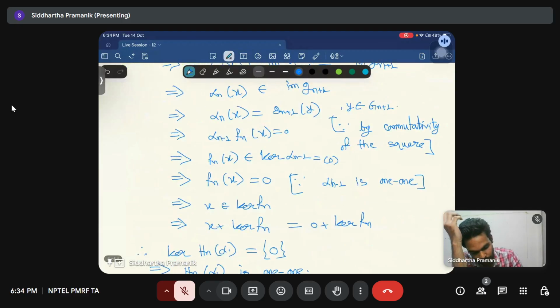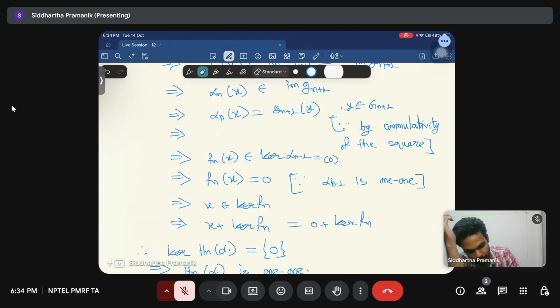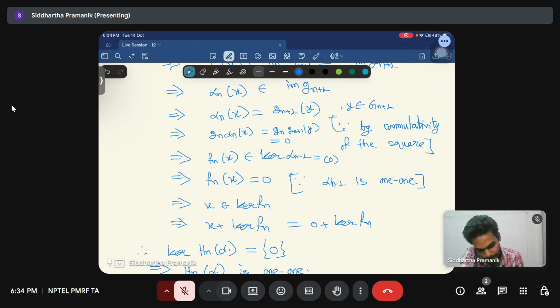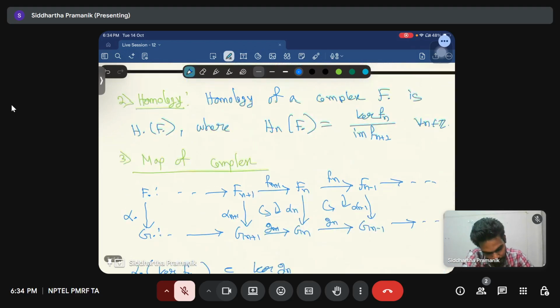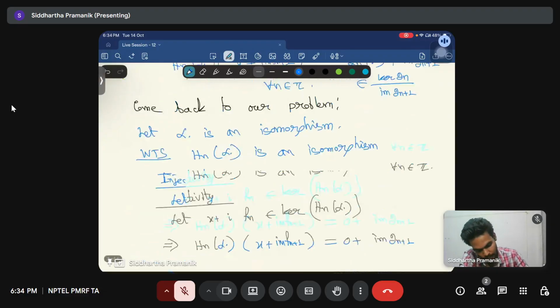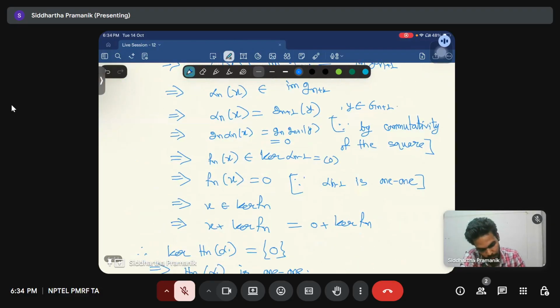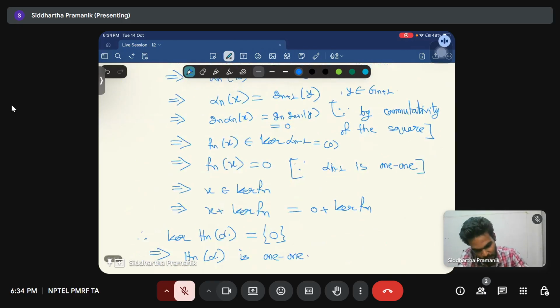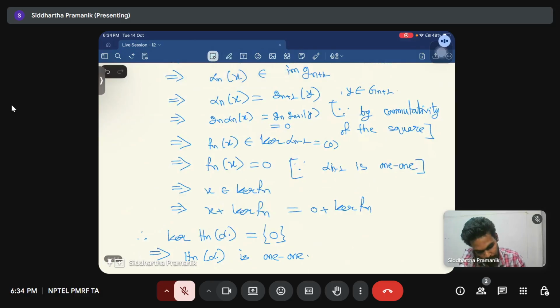So this will imply g_n composed with alpha_n x, which is g_{n+1} y, will be 0. Now g_n composed with alpha_n, what is this? Yes, alpha_{n-1} composed with f_n. Yeah, so we have to add just one more line, then we are done.